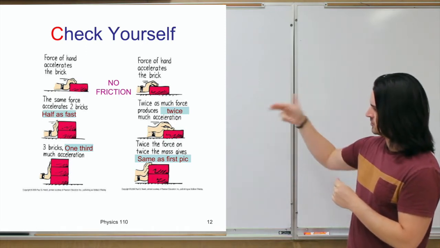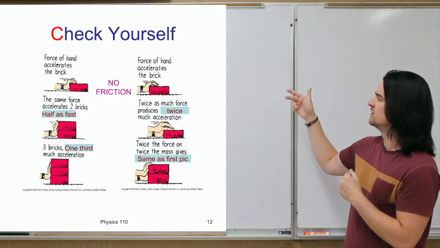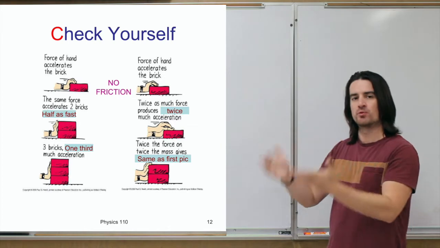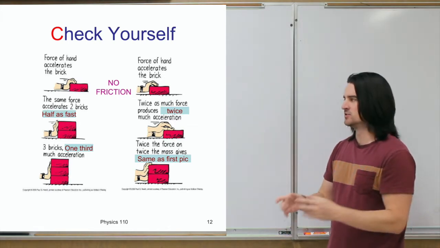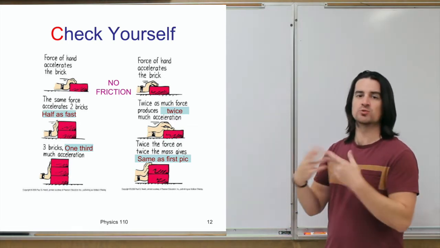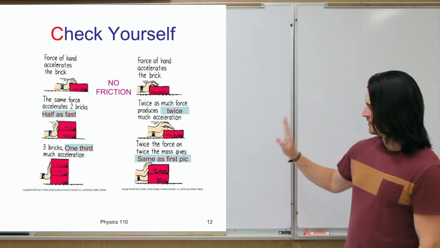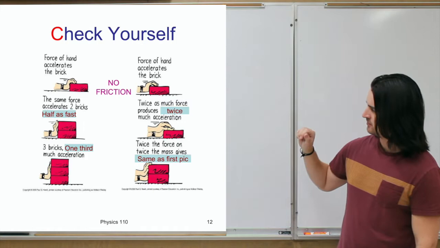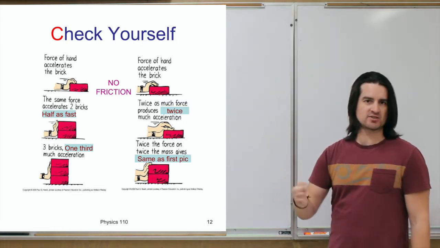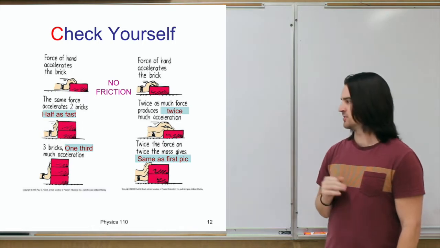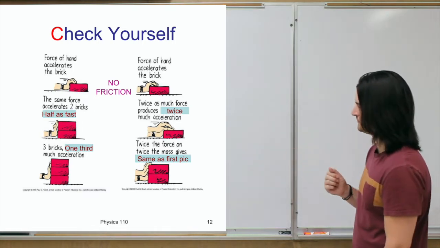If you go to the next one to the right in the middle here, if you apply twice as much force, remember acceleration is proportional to force, so twice the force means twice the acceleration. And then the bottom left here, 3 bricks, 3 times the mass means 1/3 of the acceleration, or 1/3 as much acceleration.